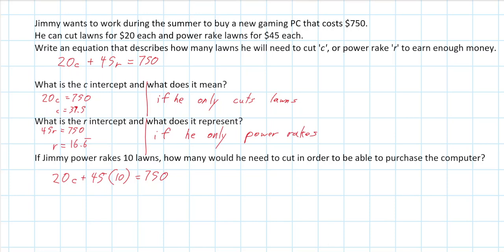So then you multiply those, you get 450 plus 20C equals 750. Okay, now we solve for C. So we're going to subtract 450 on both sides. Then you're going to divide by 20 on both sides. So I believe it is 15.